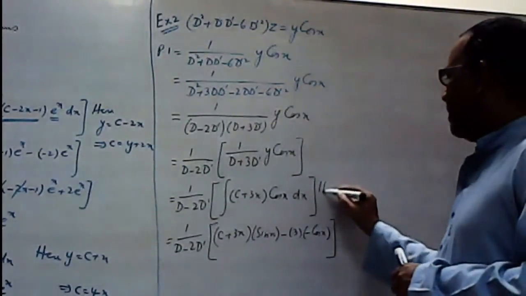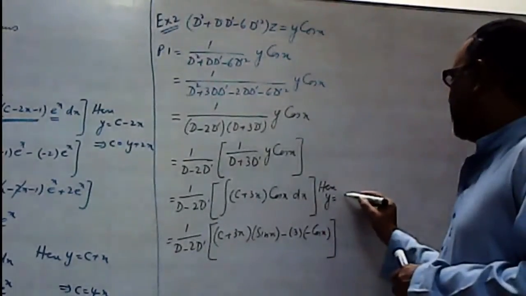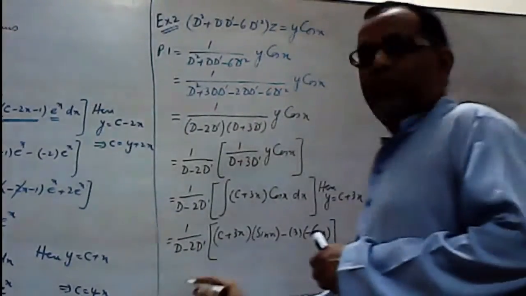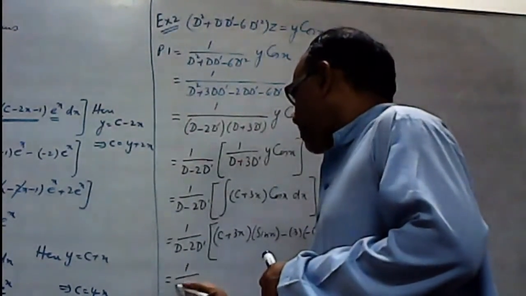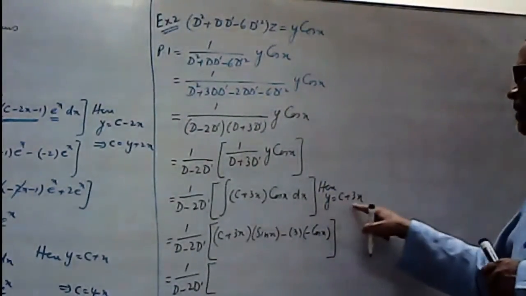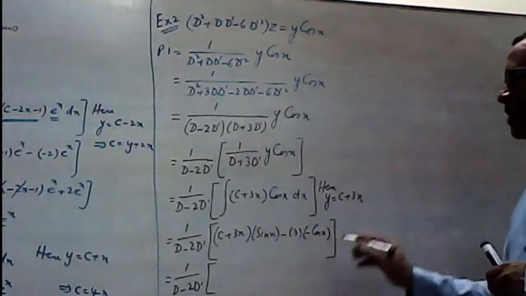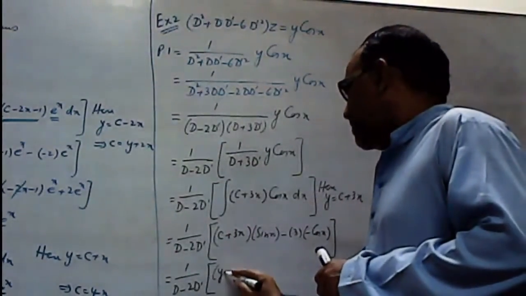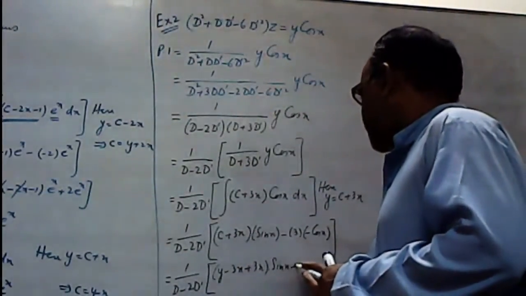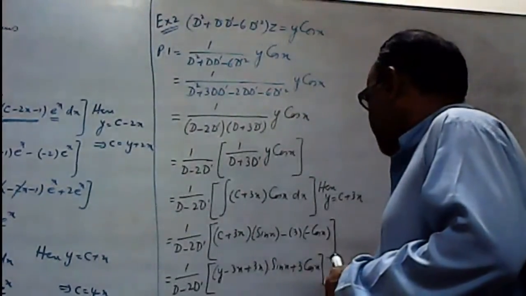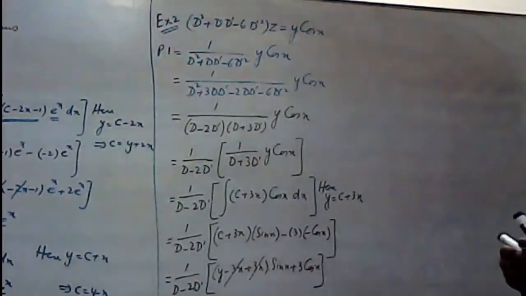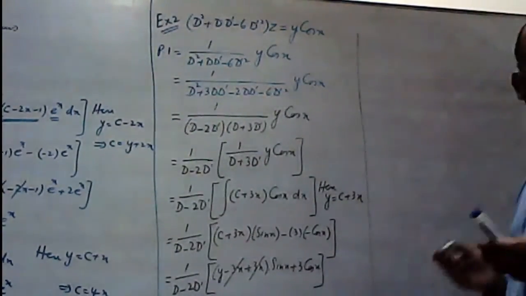So it is better to write here y = c + 3x. So now back substituting y, 1 upon (D - 2D'). Since y = c + 3x, c = y - 3x, plus 3x into sin x and plus 3 cos x. I cancelled 3x with 3x.